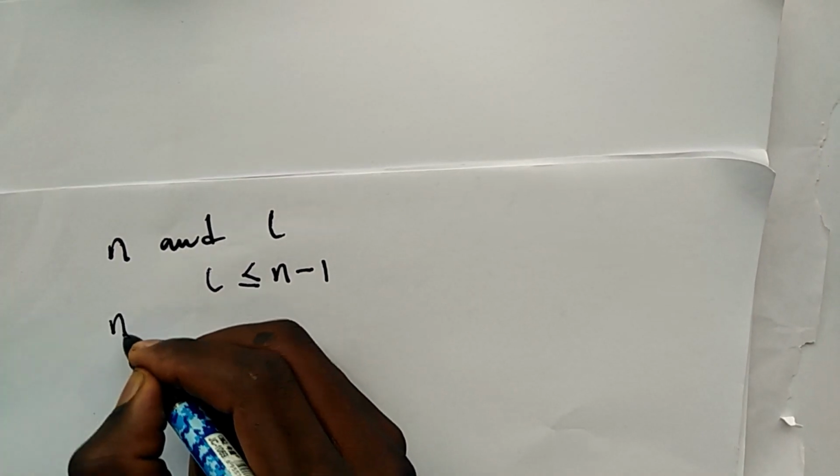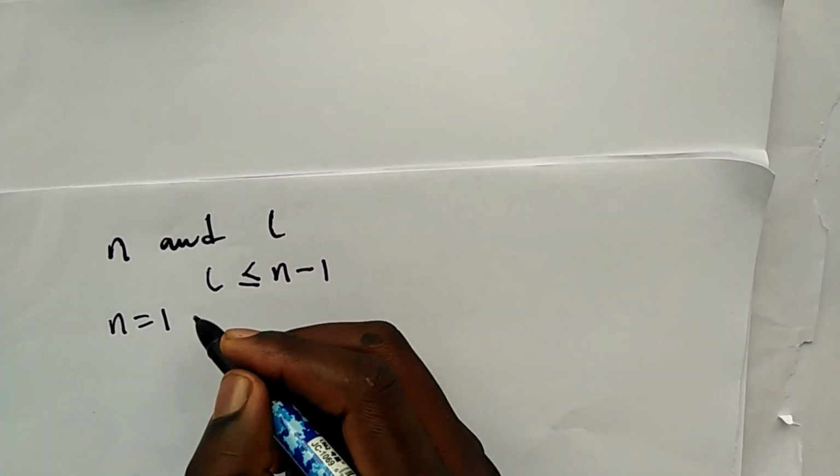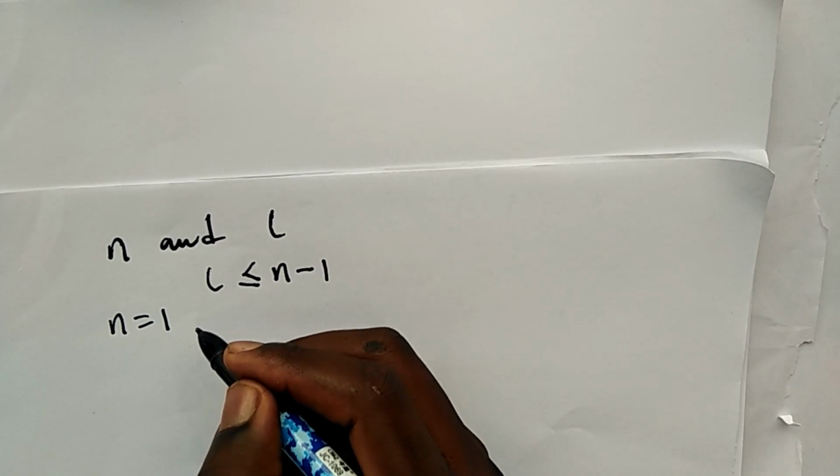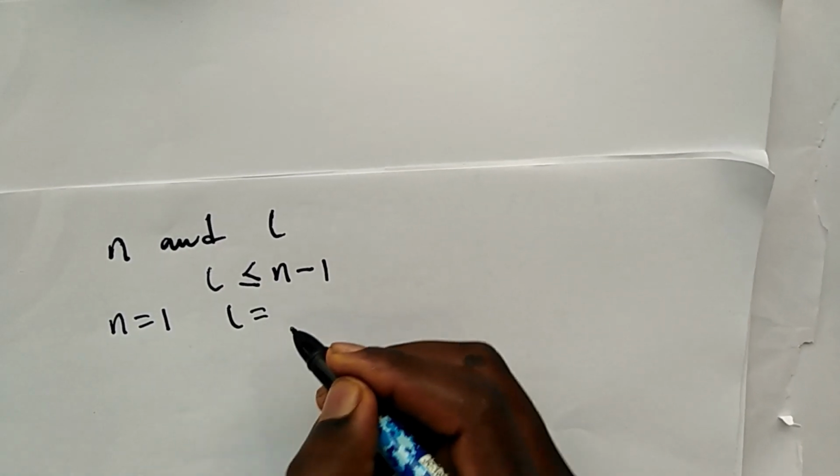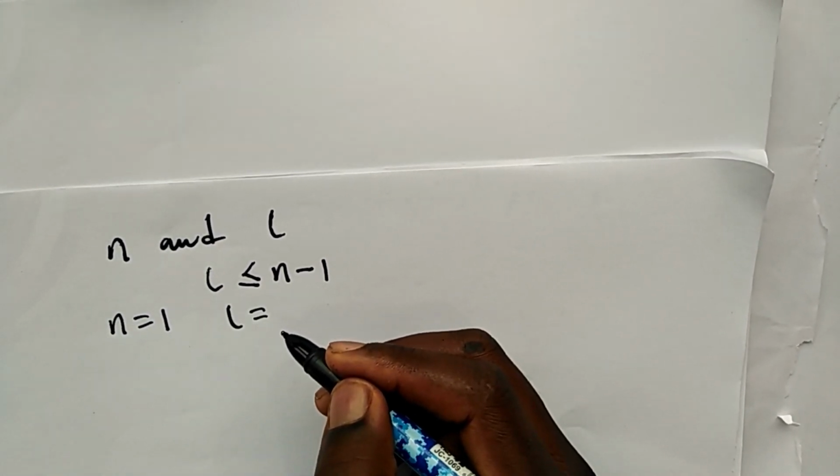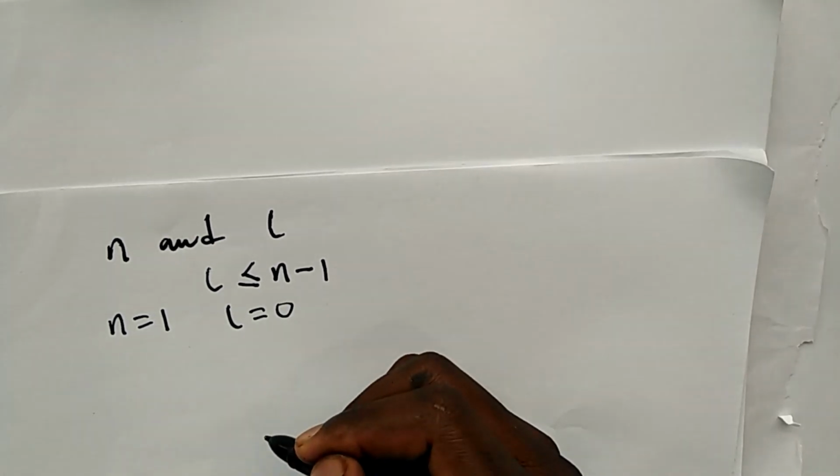What this means is that if N is equal to 1, (N cannot be 0), L is equal to 1 minus 1, because L is equal to N minus 1. 1 minus 1 is 0, so L is equal to 0.